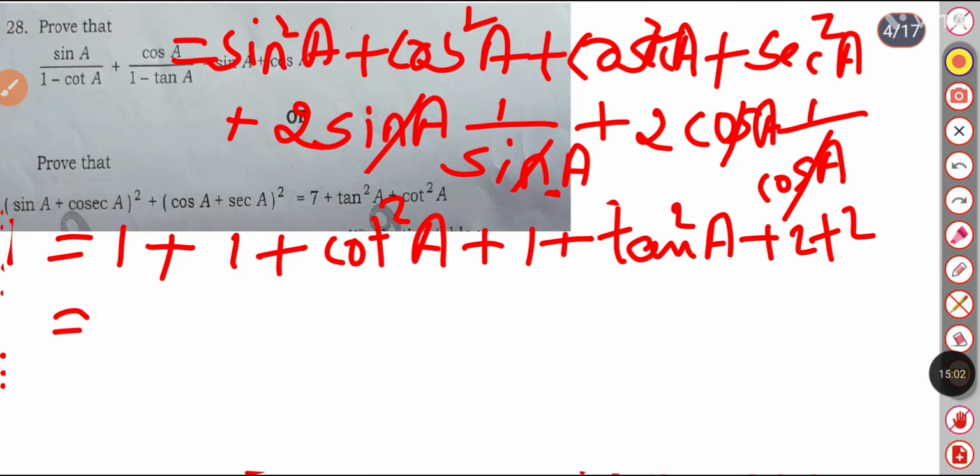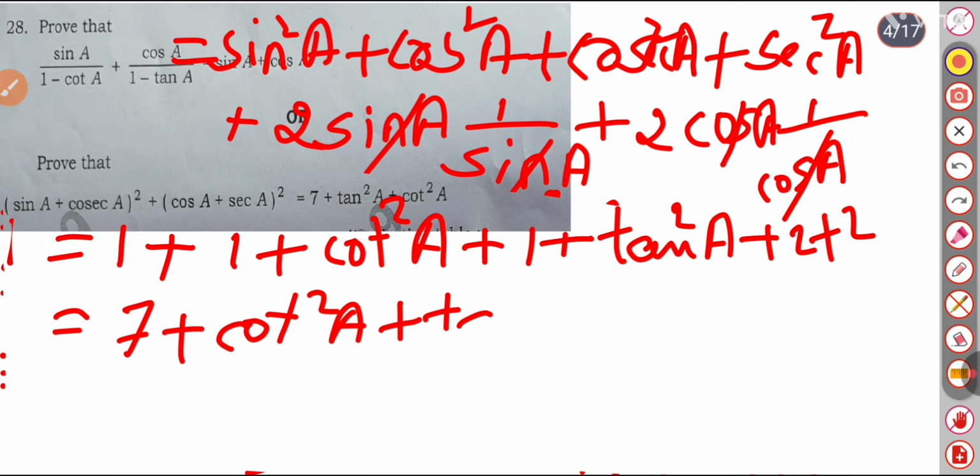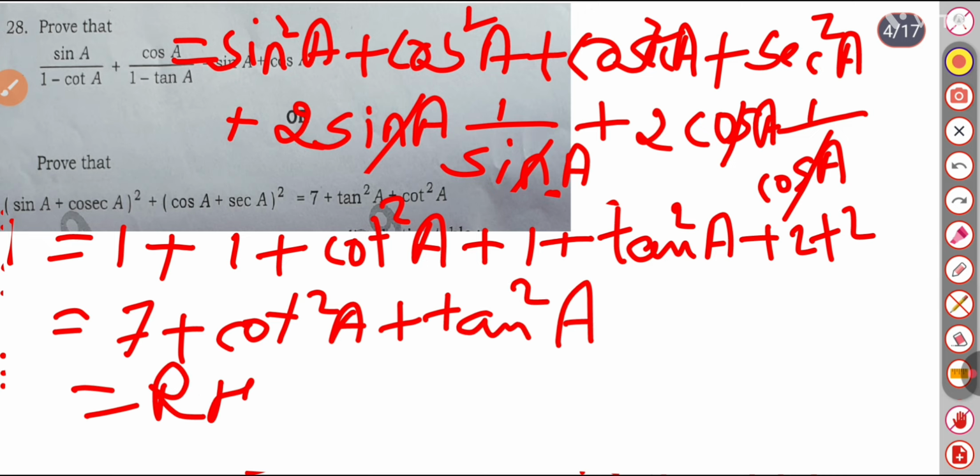Totally it is 2 plus 2, 4, 5, 6, 7. So 7 plus cot square A plus tan square A. This is equals to RHS.